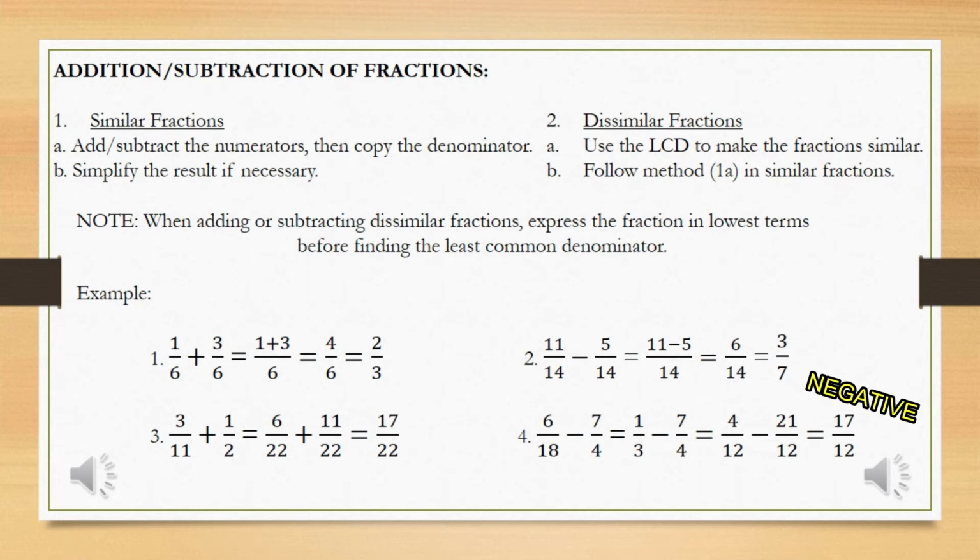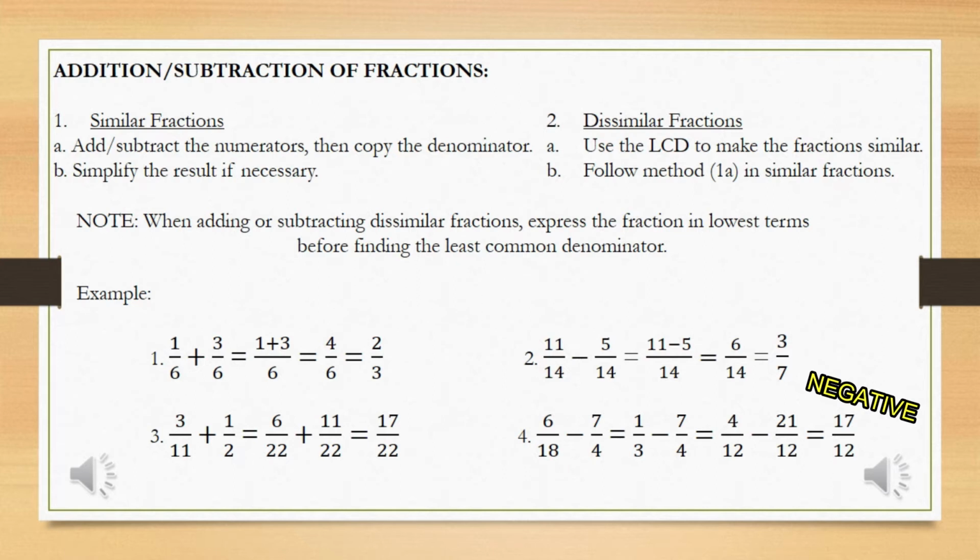Ma'am, how did you get the 6 and 11? So first, you are going to divide the new denominator by the old denominator. Like say for example, 22 is their LCD. So 22 divided by 11, that is 2. 2 times 3, which is the numerator, is equivalent to 6.